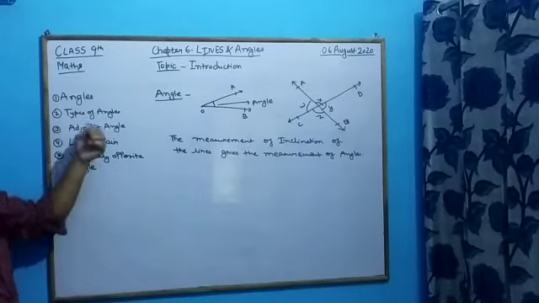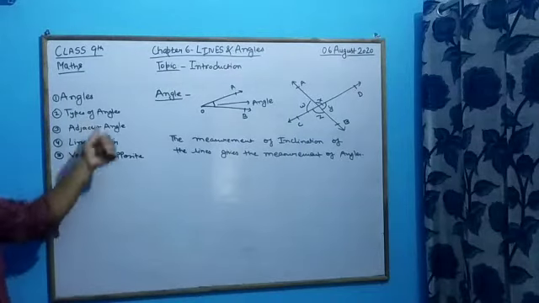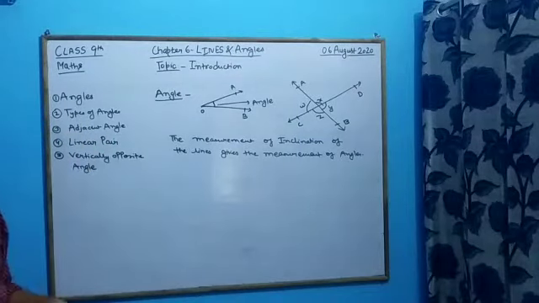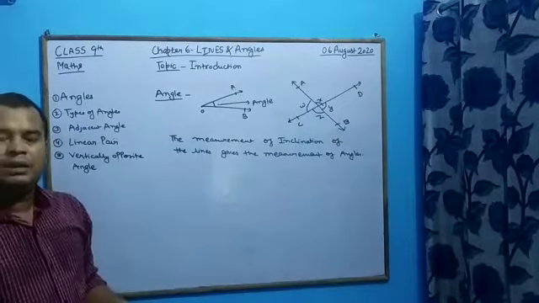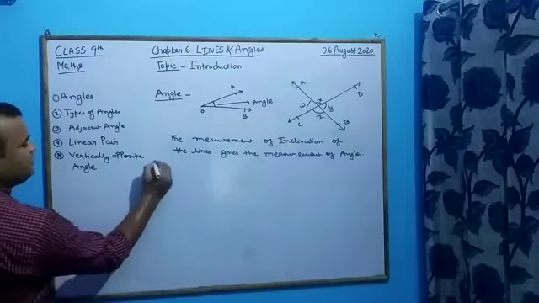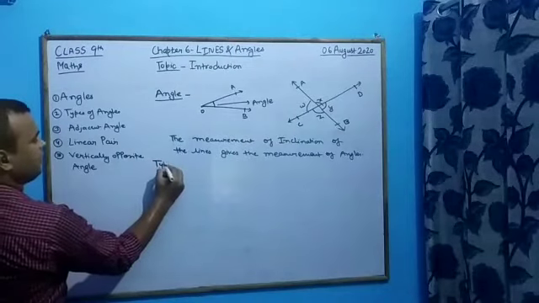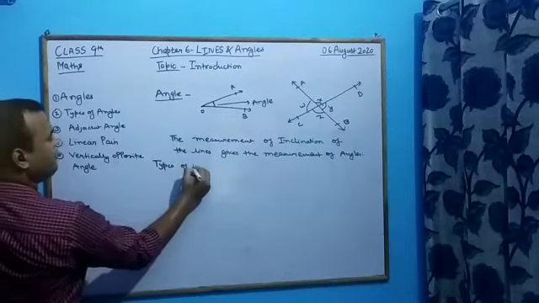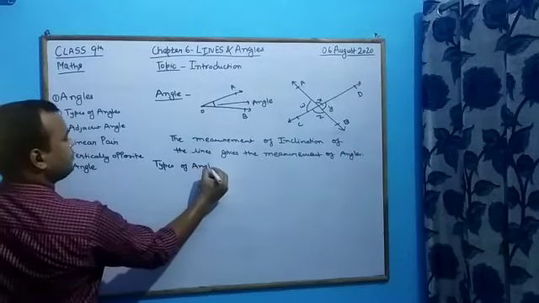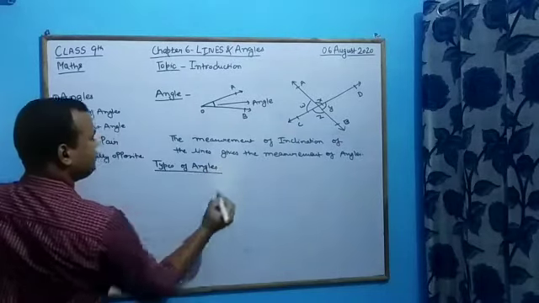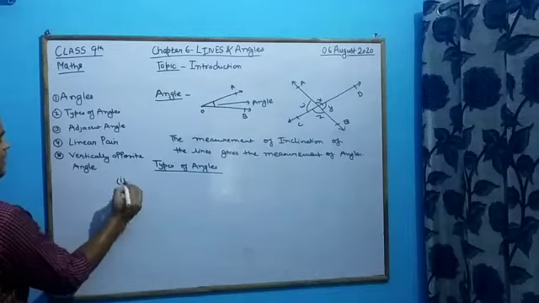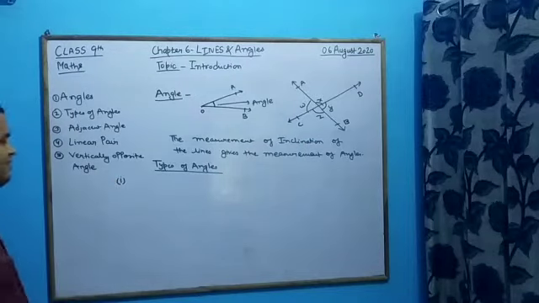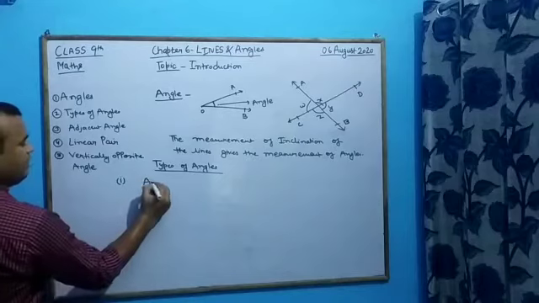Okay, so let us move to the second topic, that is types of angles. How many types are there? The various types of angles have been decided on the basis of the measurement of the angle.